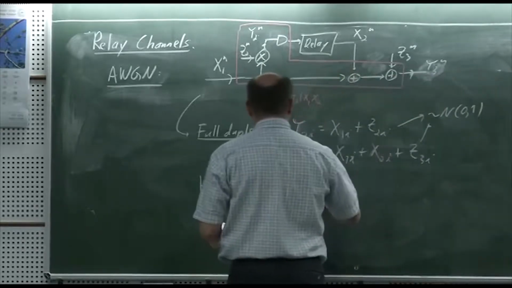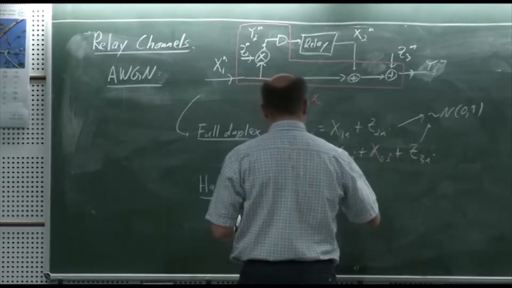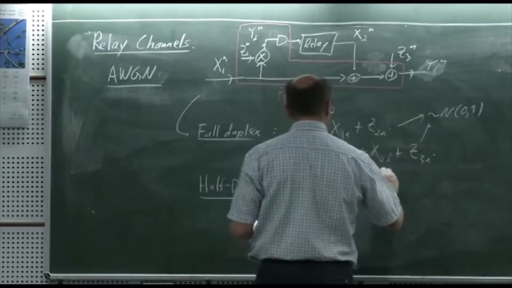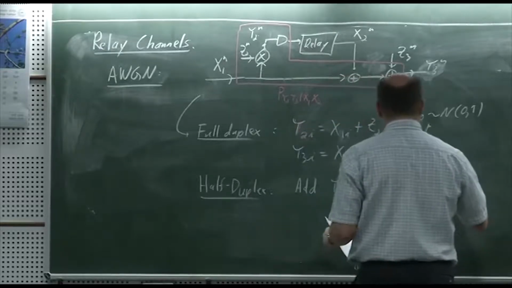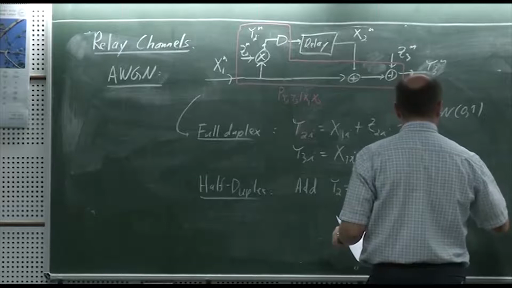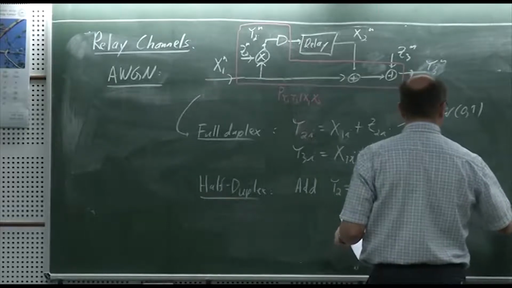We'll just add the following constraint to the channel, namely that y2 is equal to 0 if x2 is not equal to 0. And we can add that formally to the channel itself, right?